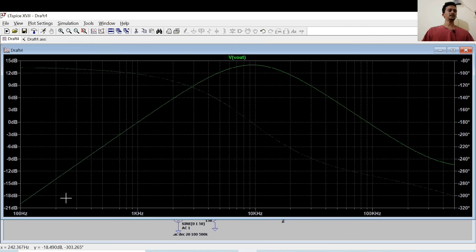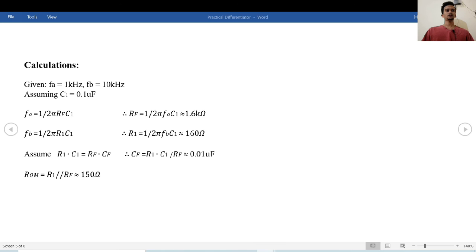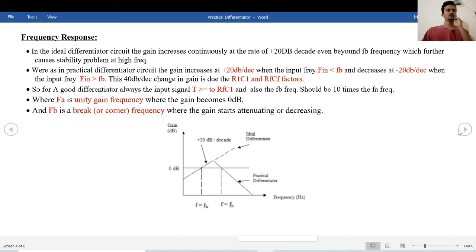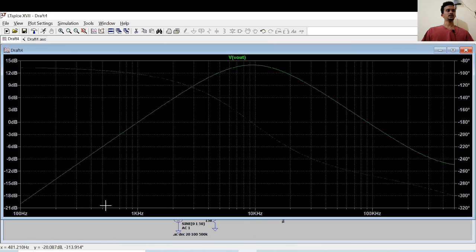Okay, so you can see that the gain increases at a rate of 20 dB per decade till 10 kilohertz, which is our FB, which is a corner frequency, and at the unity gain frequency the gain becomes 0, which is FA, 1 kilohertz we have taken.